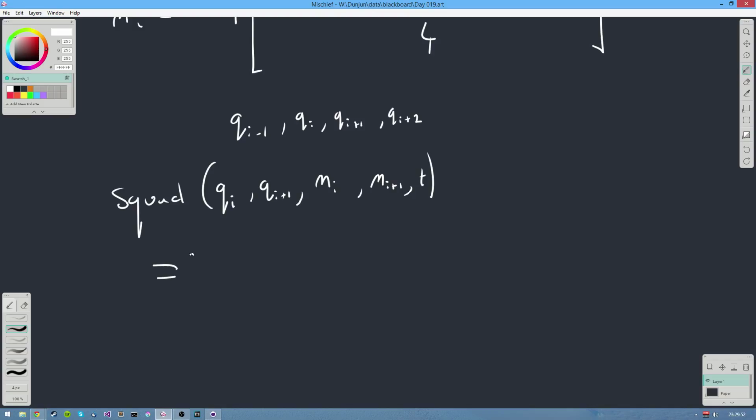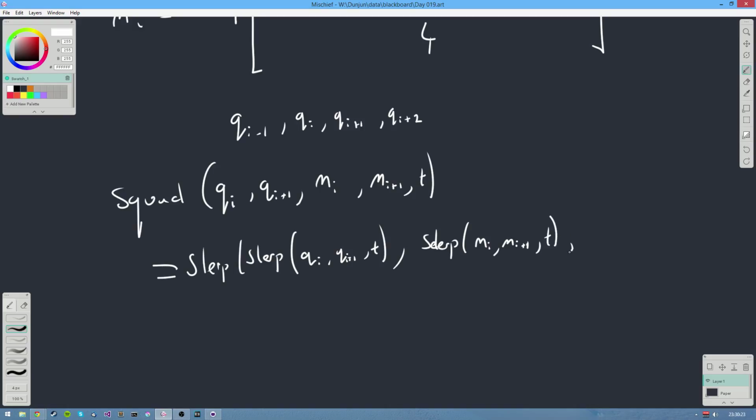This can be represented as slerp of qi and qi plus 1 at t. And then the other thing we need to do is slerp between mi and mi plus 1 at t, at 2t of 1 minus t.